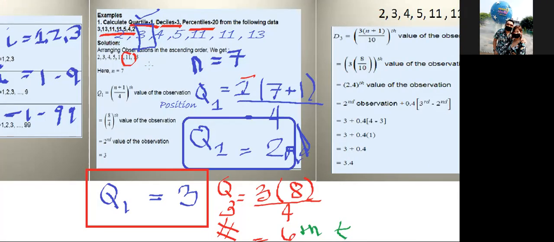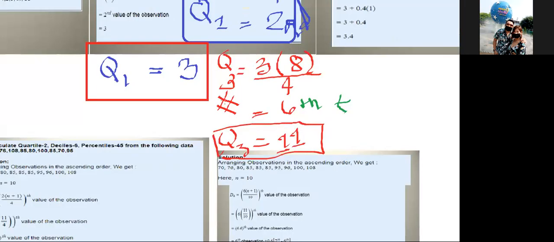Okay, now there is actually a way on how we deal with quartiles, an easier way. I just want to teach you that. So let's say you have here 2, 3, 4, 5, 11, 11, and 13. So you have 7 observations. What is the median or the middle number?